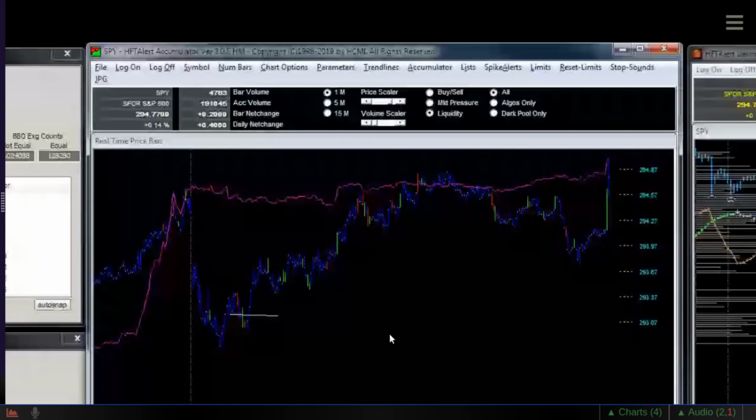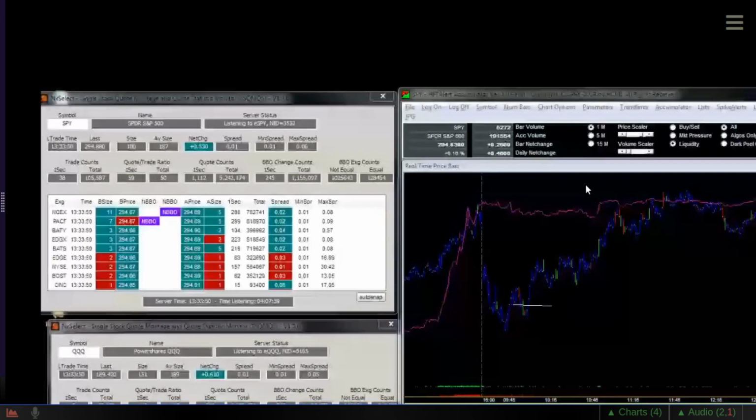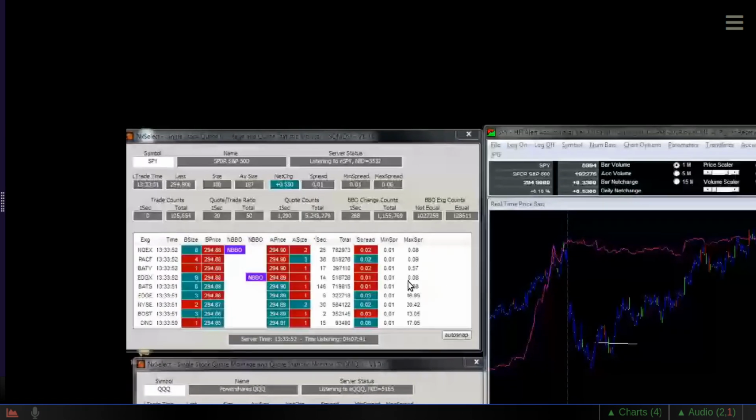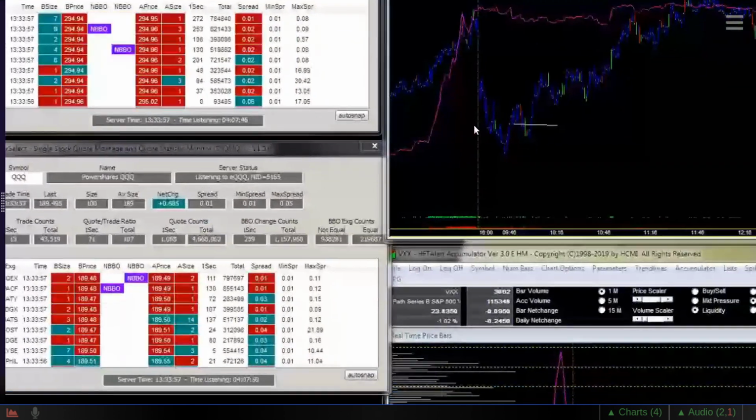We can come to this big program here and see these are the stocks that are involved in that program: Apple, SPY, Facebook. Looks like some gold as well. Here's another big buy program.